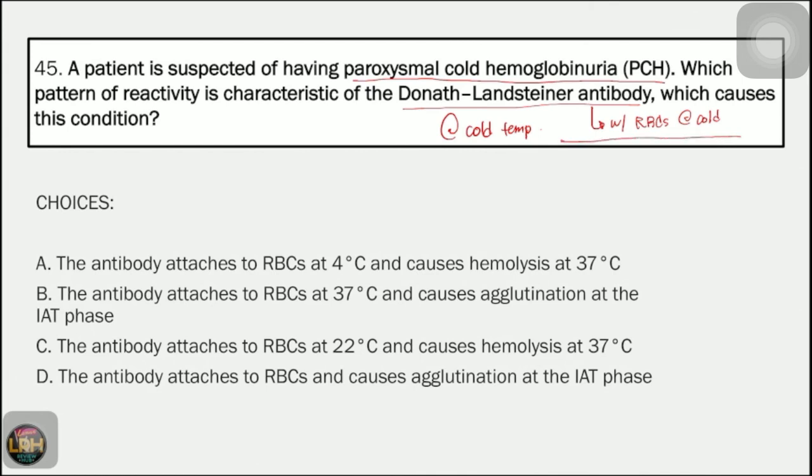However, after the reaction of this antibody with the red blood cell at cold, when exposed to a high temperature of 37 degrees centigrade, it would cause hemolysis. So for number 45, this is correctly described by option letter A. The antibody would attach to the RBCs at 4 degrees centigrade and will cause hemolysis at 37 degrees centigrade.